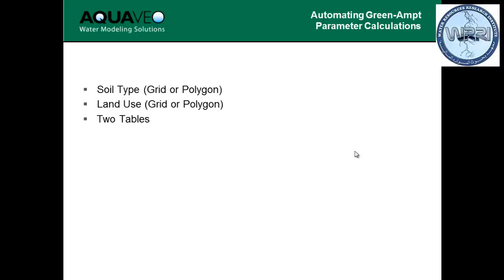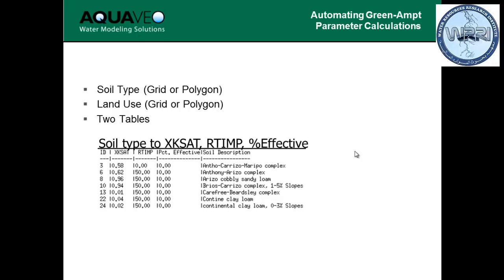I'm not going to get into, does anybody use the Green and Ampt method? You do? You have. You need a lot of data. Yeah, exactly. I'm not going to talk too much about this.